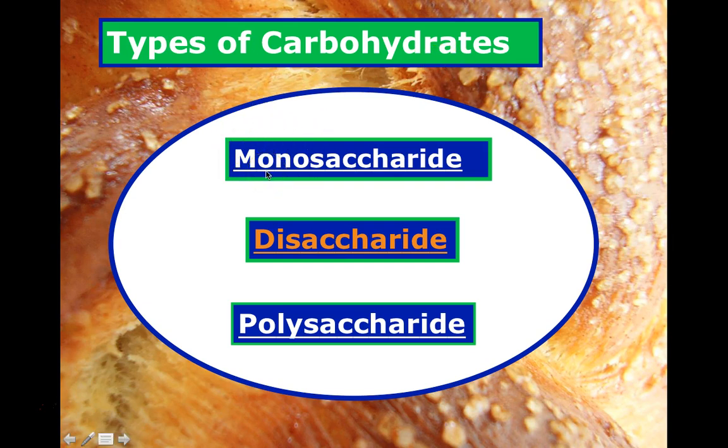Your monosaccharides are going to be your simple sugars that only contain 1 molecule of that sugar. Disaccharides, di means 2, so these are 2 monosaccharides bonded together in order to form a more complex sugar. And lastly, we have polysaccharide, poly meaning many. This would be 3 or more sugars put together in order to form an even more complex carbohydrate.